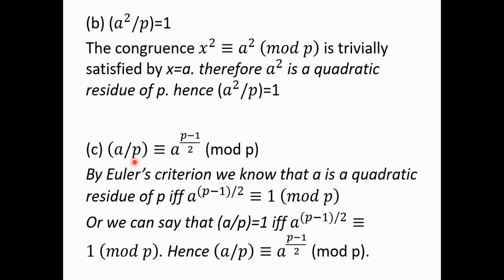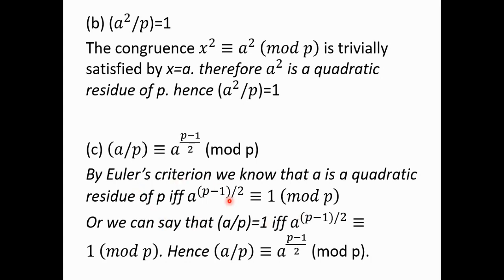Let us see the C part. Here we have to prove that A upon P is congruent to A to the power (P minus 1) upon 2 modulo P. By Euler's criterion, we know that A is a quadratic residue of P if and only if A to the power (P minus 1) upon 2 is congruent to 1 modulo P. We have seen Euler's criterion in lecture 1 of this module.